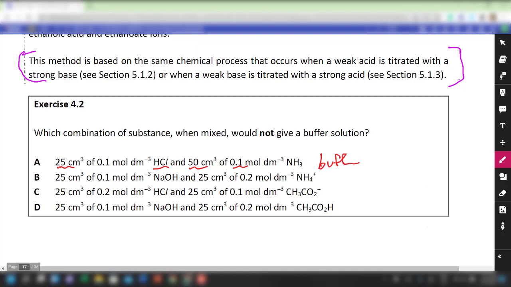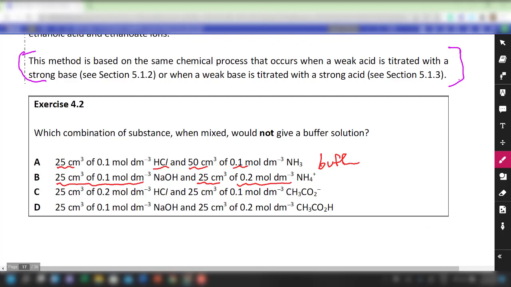And then for combination B, I have sodium hydroxide, 25 cubic centimeters, 0.1 molar, and then I'm adding it to 25 cubic centimeters of 0.2 molar ammonium. So the concentration of ammonium is twice that of sodium hydroxide.